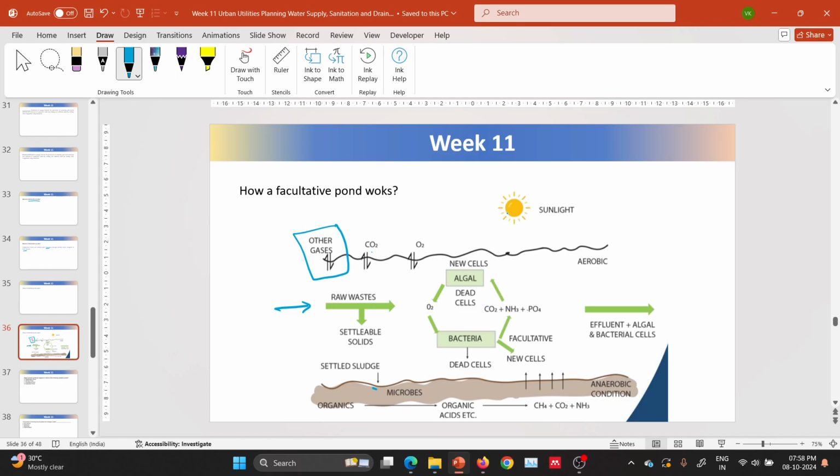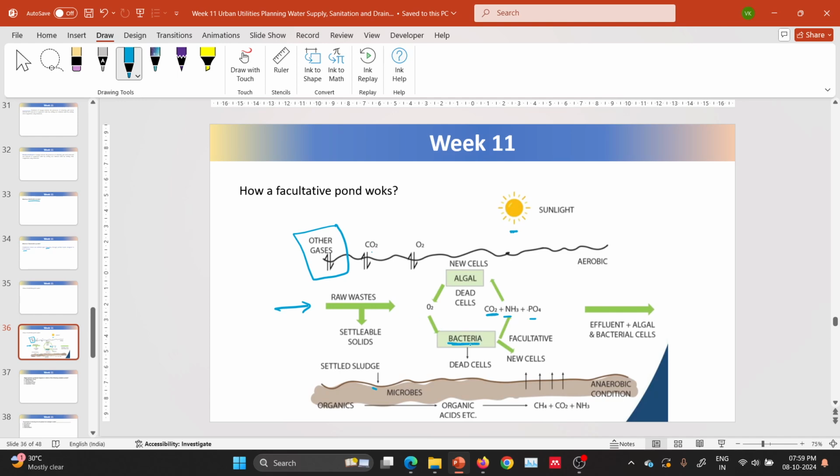During sunlight, during the daytime, the algae will consume the CO2, ammonia, and phosphate which are produced by the bacteria, and it will produce new cells and give oxygen. This algae will grow and produce oxygen, and this oxygen is utilized by bacteria.